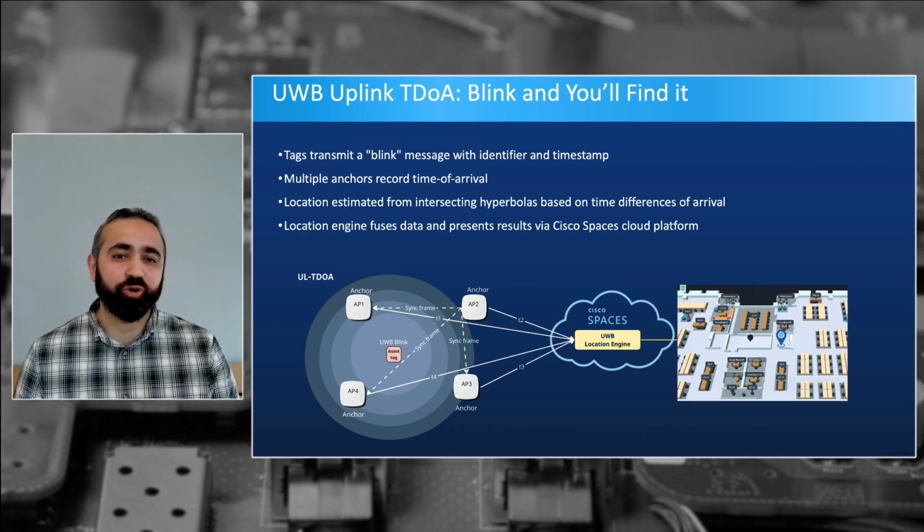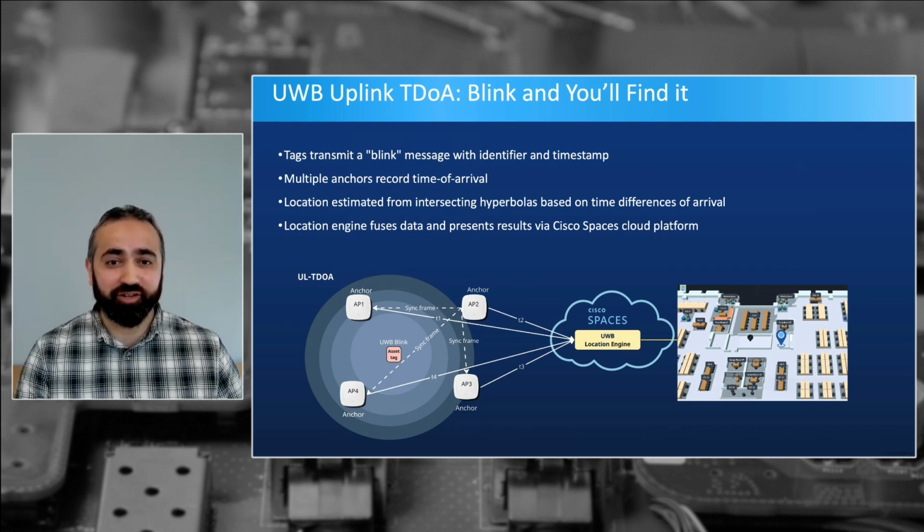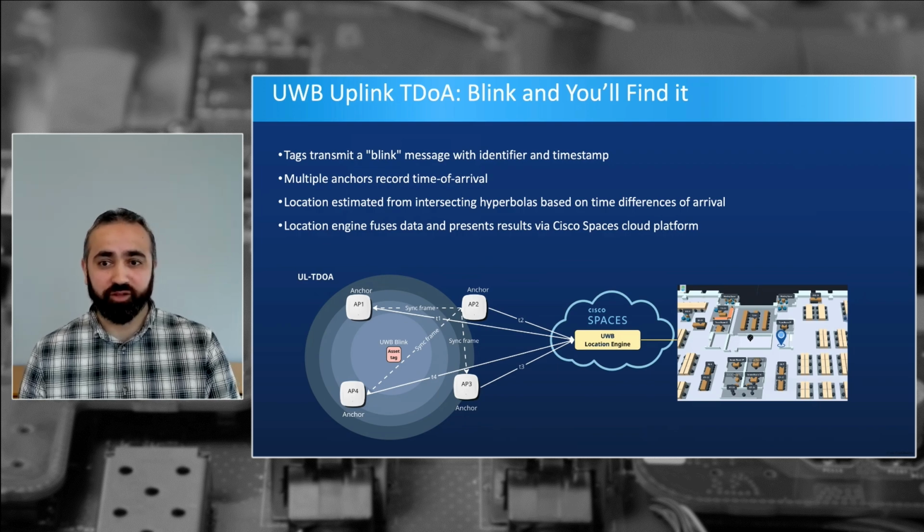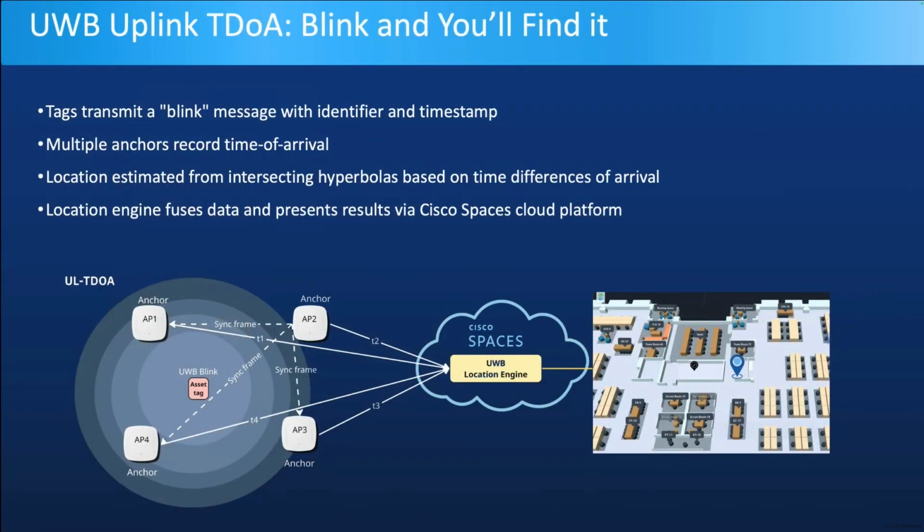Since each access point receives the message at a slightly different time, we can leverage uplink time difference of arrival to compute the position. All these measurements are sent to Cisco Spaces, where we run the UWB location engine, and then we leverage 3D rich maps on Cisco Spaces to showcase the location of the tag. I have a small 2-minute demo video on asset tracking, so let's watch it, and then we can discuss further.